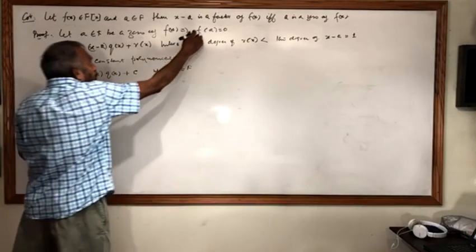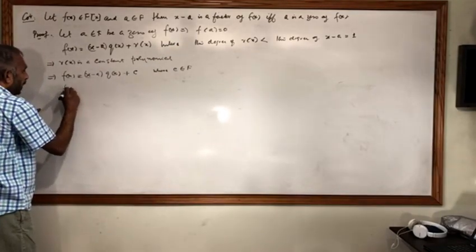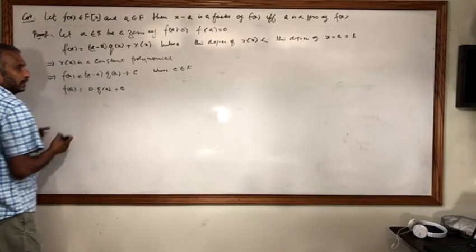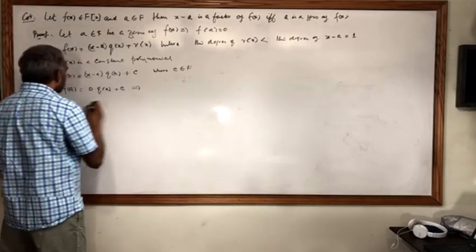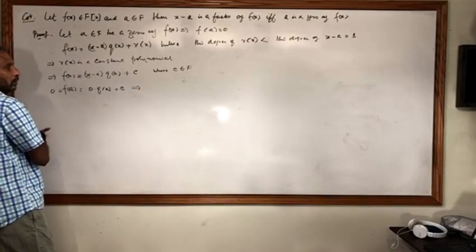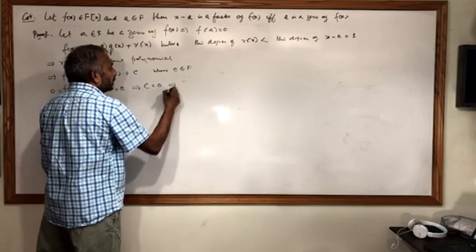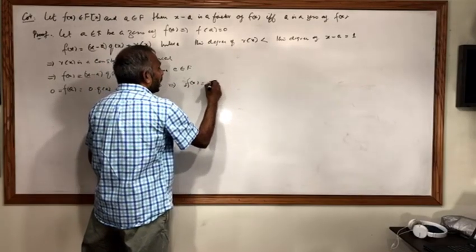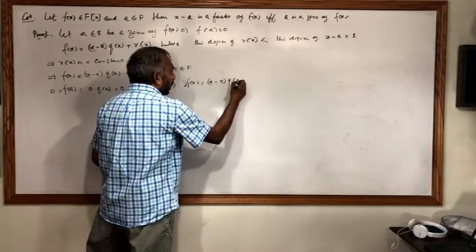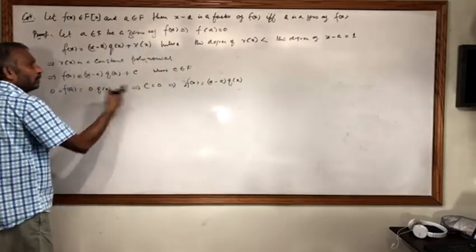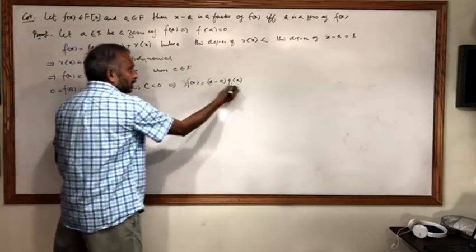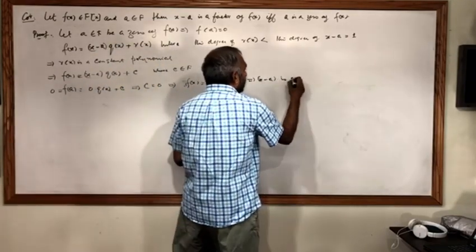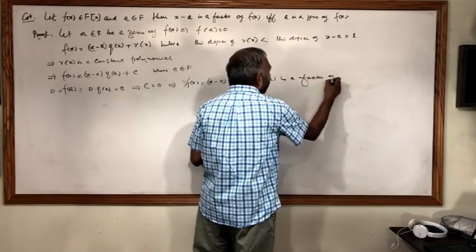Now we will apply this rule. f of a is equal to, this is actually 0 times q of x plus c, and that implies c equal to 0, which implies f of x is equal to x minus a times q of x plus 0, which is the same as this. So that implies x minus a is a factor of f of x.